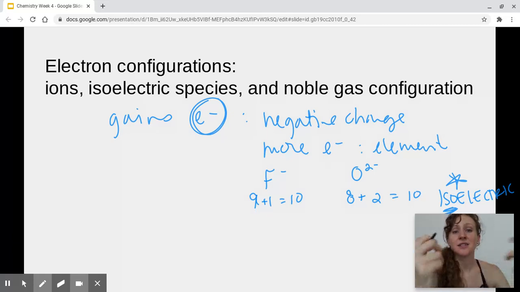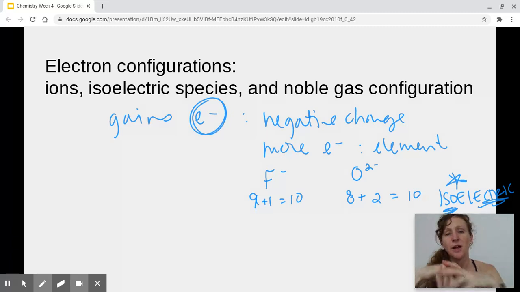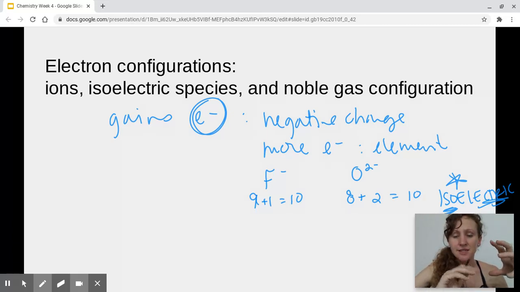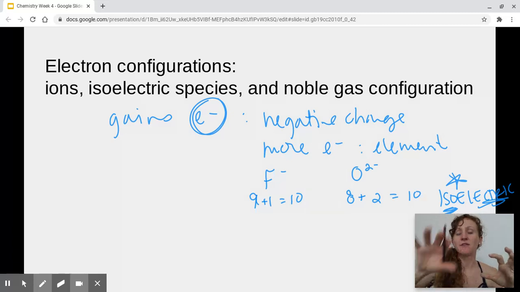An isosceles triangle has sides that are all the same length. So iso means the same. And electronic is talking about the electronic structure of the atom, which is what we've been talking about, right? With all the n's and l's and m sub l's and all that good stuff. So an isoelectric species has the exact same electronic structure, because they both have 10 electrons. They're both going to have those electrons structured into the same place.